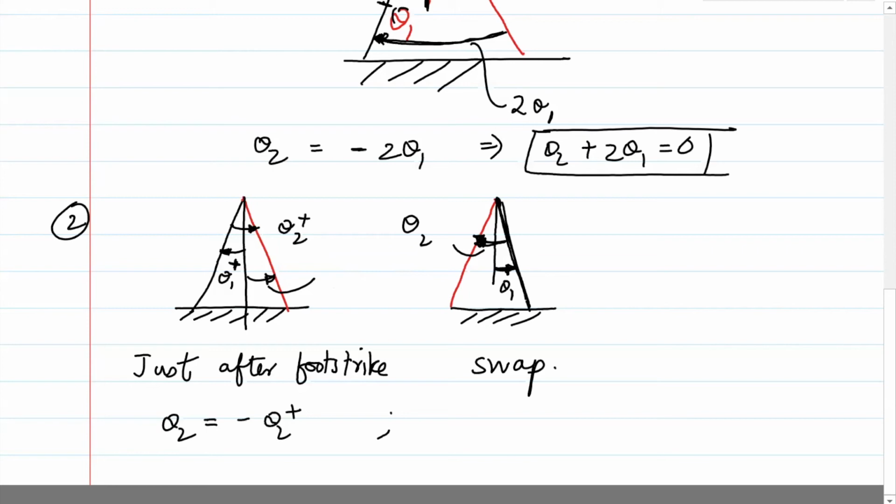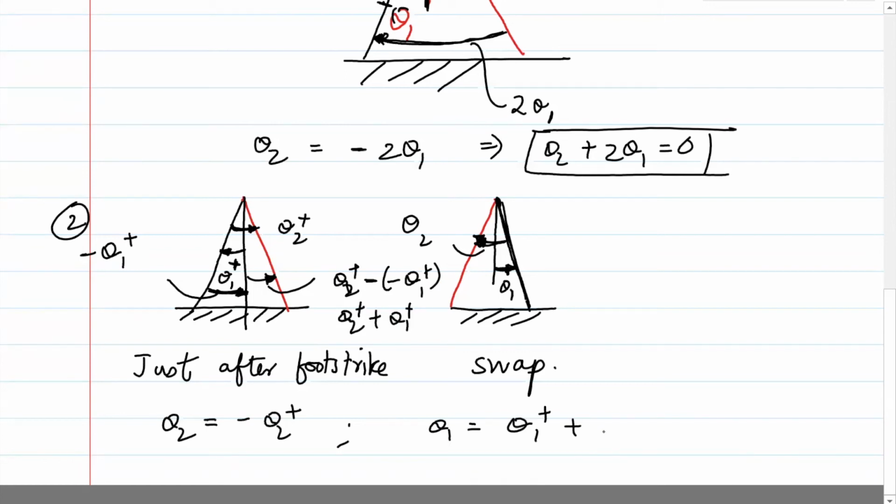This theta 1 positive is clockwise, so first I need to switch it. So it's theta 1 negative, because now the arrow points in the clockwise direction. So now this angle is going to be theta 2 positive minus this, so minus theta 1 positive. So in general, it will be theta 2 positive plus theta 1 positive. So eventually I have theta 1 equals theta 1 positive plus theta 2 positive.